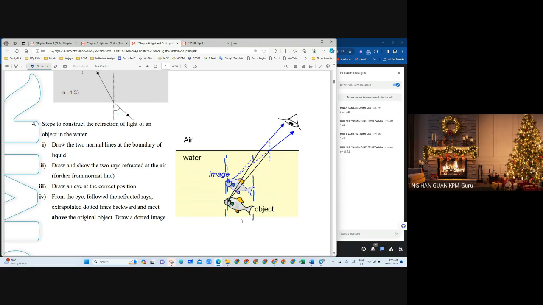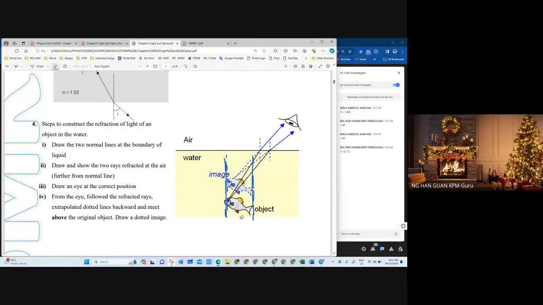Even if you show it slightly outside, as long as it's still between the borderline, it's still accepted. But it is better to show it exactly above the object. Okay, keep this in your mind.